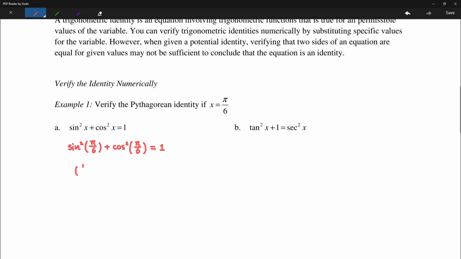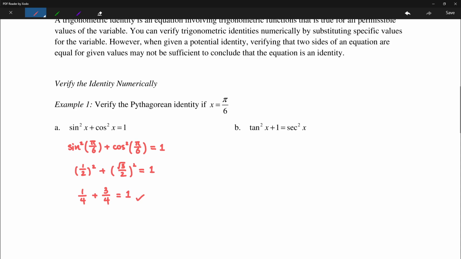So the first term becomes just 1 half squared. Cosine pi over 6, of course, is root 3 over 2. So we have root 3 over 2 squared. So of course 1 half squared is a quarter. Root 3 over 2 squared is 3/4. And the sum of those two is equal to 1. So the identity has been verified for pi over 6.